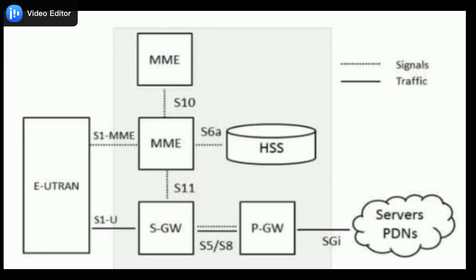And the EPC, evolved packet core: the MME handles NAS security, idle state mobility handling, and EPS bearer control. The serving gateway handles mobility anchoring. The PDN gateway, packet gateway, handles UE IP address allocation and packet filtering.